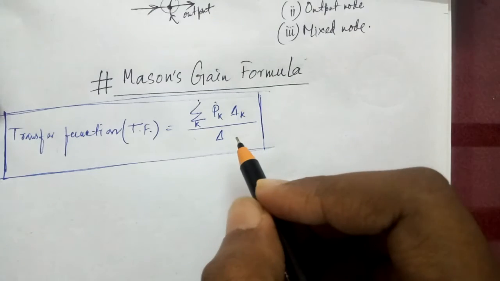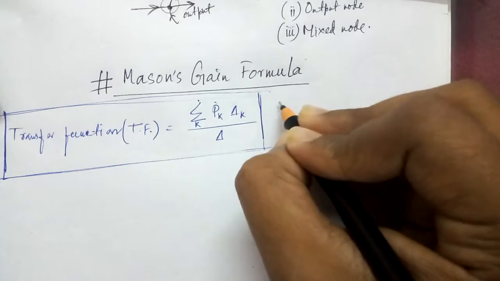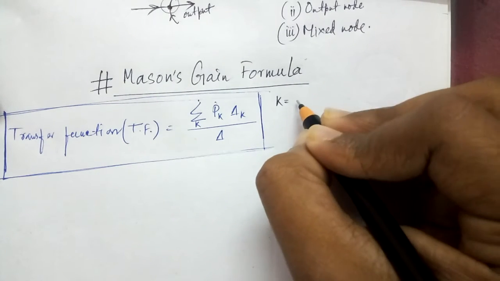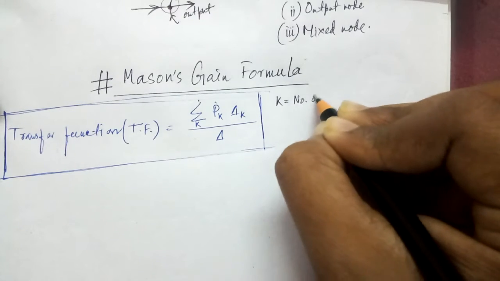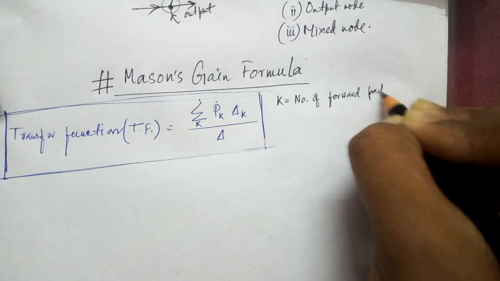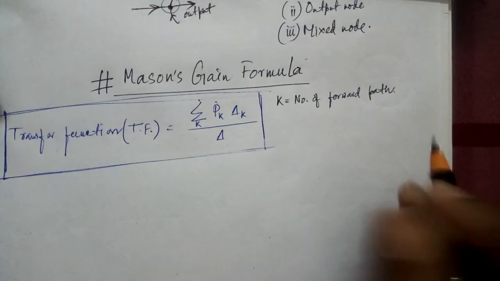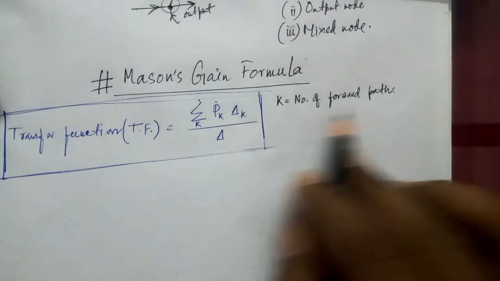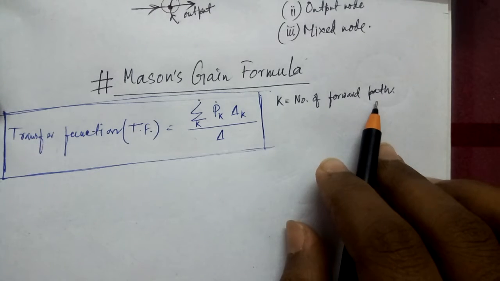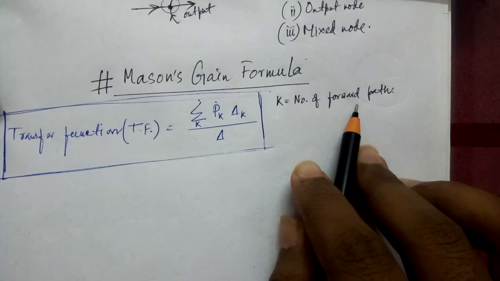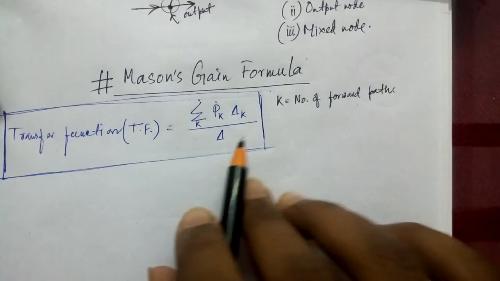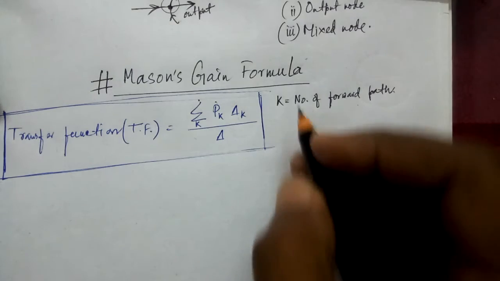First of all, what is k? K is the number of forward paths. Now if you don't understand this forward path concept, I'll discuss it in my example video where I'll discuss the whole problem about this, and each and every point will be clear then.